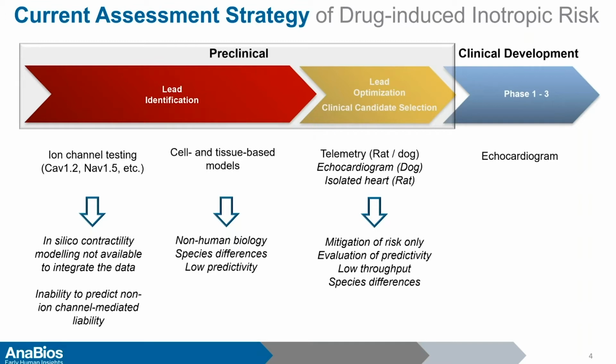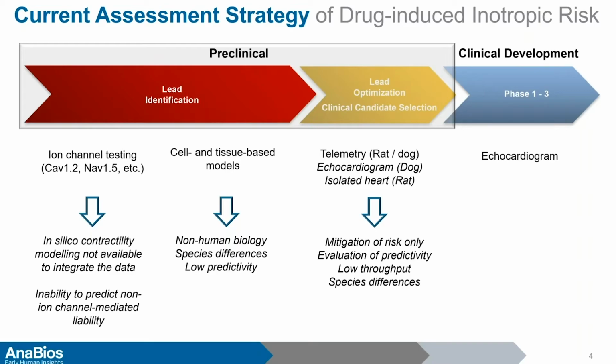Challenges with the ion channel testing are the integration of the data and the inability of the data to predict non-ion channel mediated liability. Challenges with the cell and tissue-based models are non-human biology, species differences, and low predictivity. When it comes to the models used in late preclinical development, they can only be used for risk mitigation. However, they can't be used to support the chemical design of novel drugs because of their low throughput.